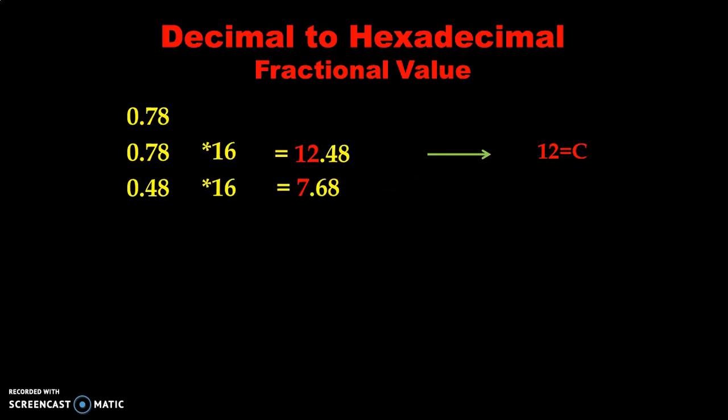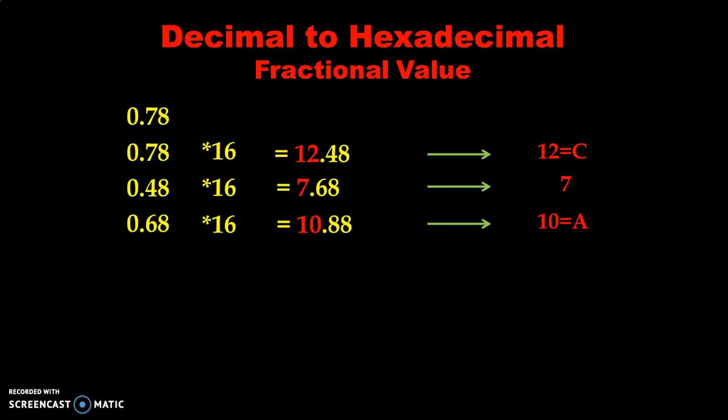Then it gives us 7.68. We are taking 7, the integer value, apart. 0.68 again we are taking back for multiplication with 16. We have 10.88. 10 is equal to A.